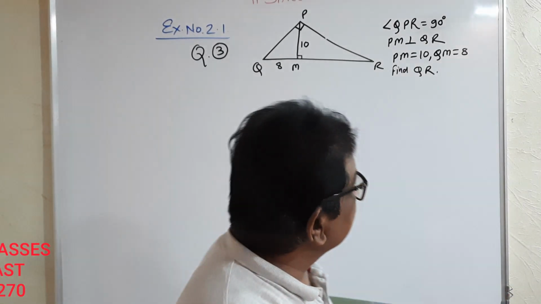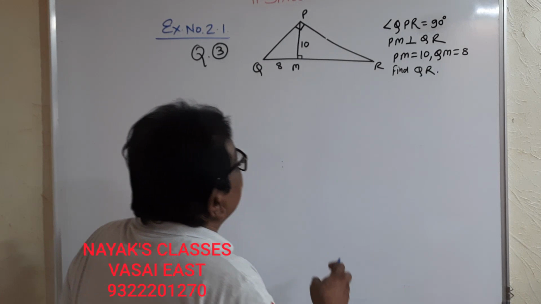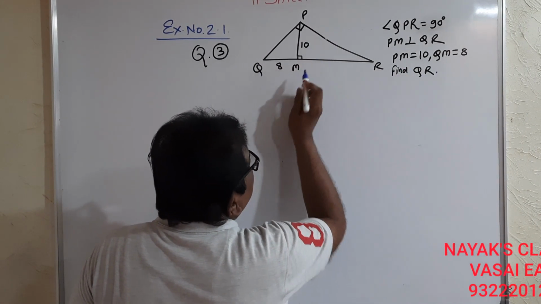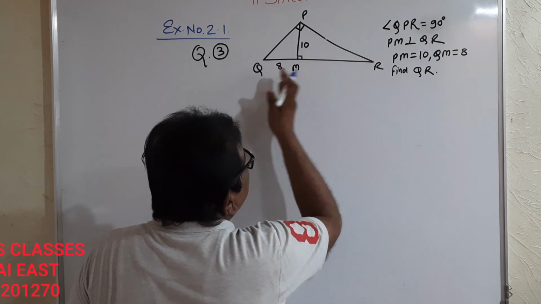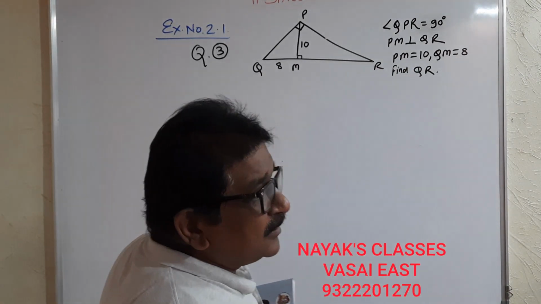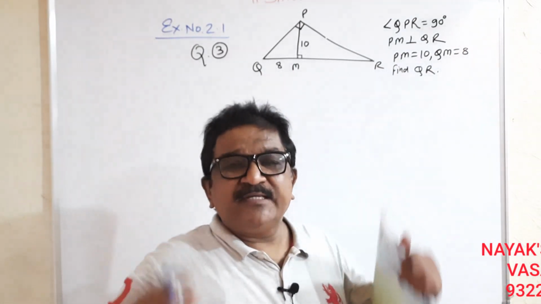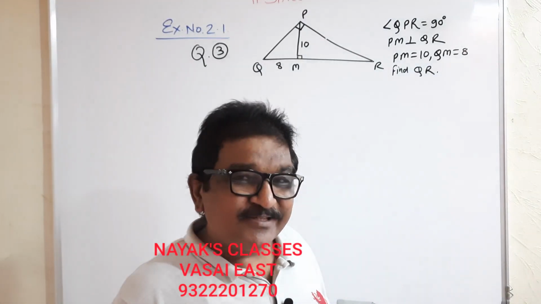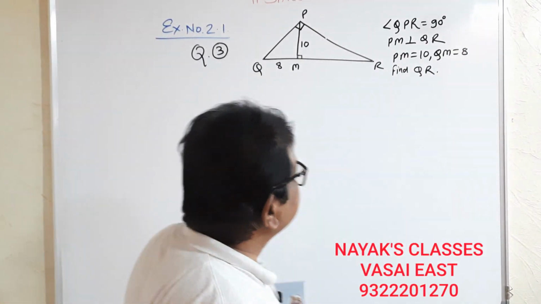Come. So again they have given PM equal to 10 and QM equal to 8, and they have said find QR. I told you, just by seeing the figure you should recognize which property it is: geometric mean.